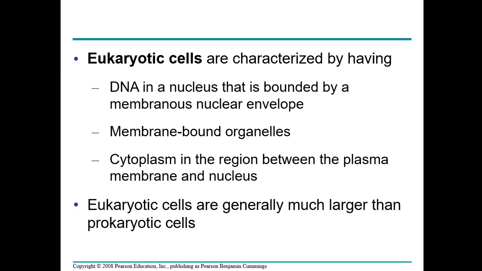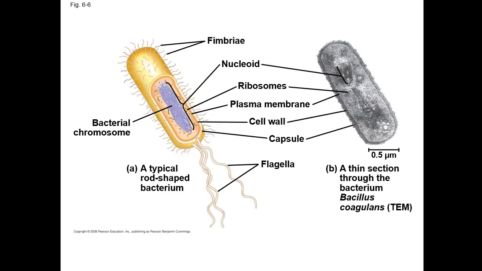Sa eukaryotic, since we have a nucleus, cytoplasm is bounded between the plasma membrane and the nucleus. Next, eukaryotic cells are generally much larger than prokaryotic cells. Ito yung tatandaan nyo: the more complex you are, the larger you can be. The simpler you are, the smaller you can be.